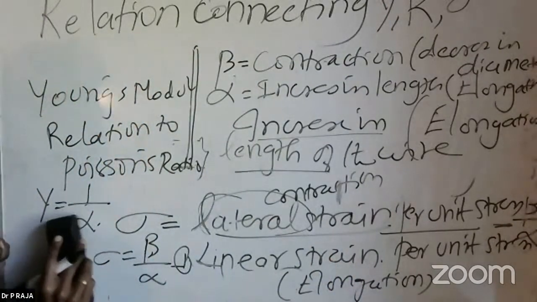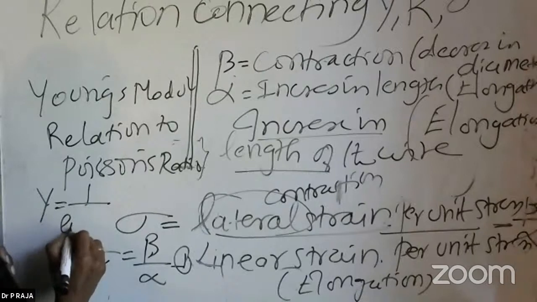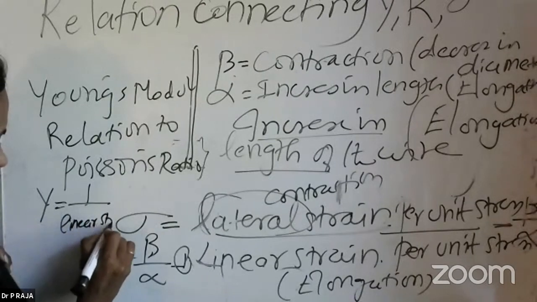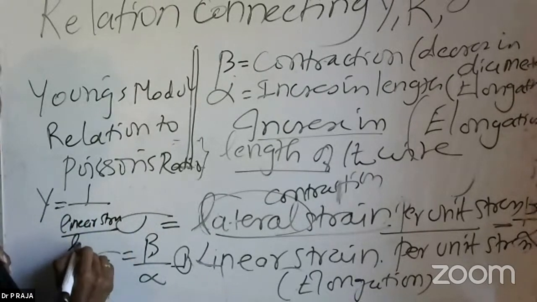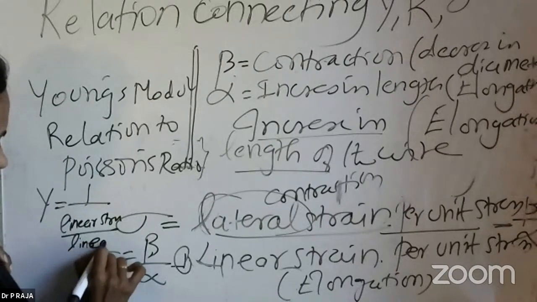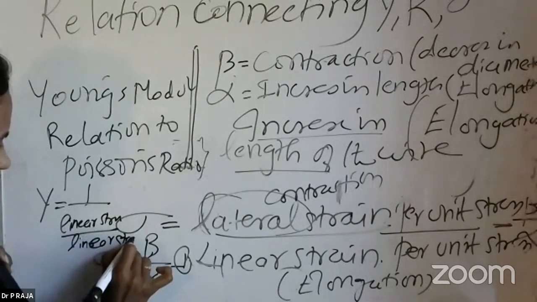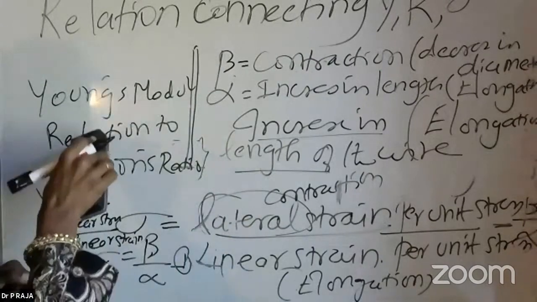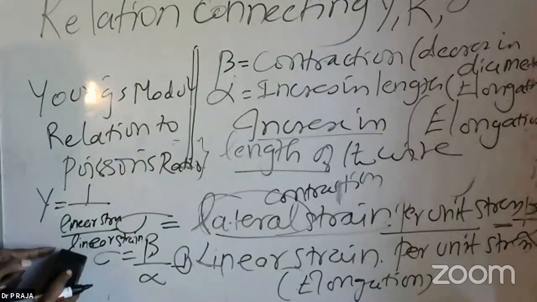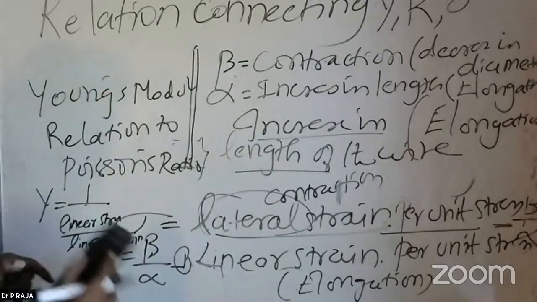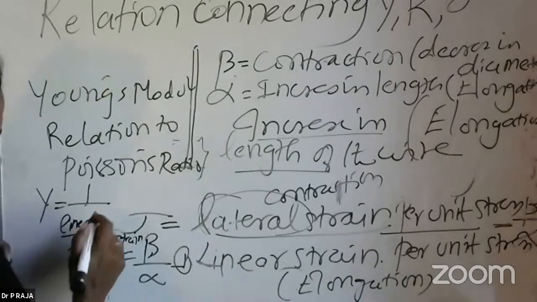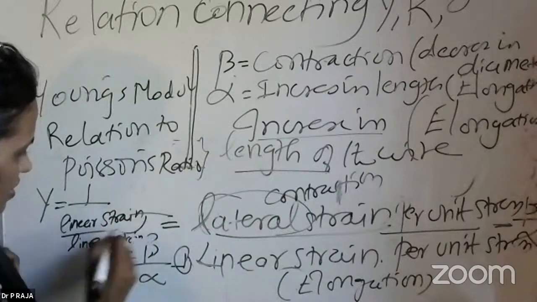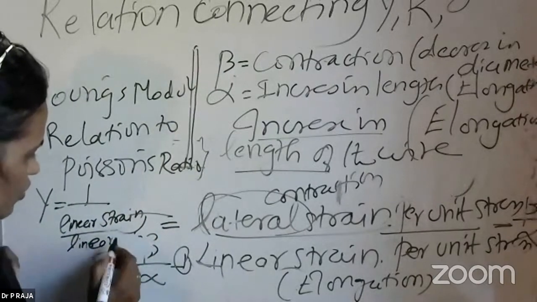So I have to write it here. It is linear strain by linear stress, isn't it? So if I take it on the other side, it is going to be 1 divided by this value, which is linear strain per unit stress.